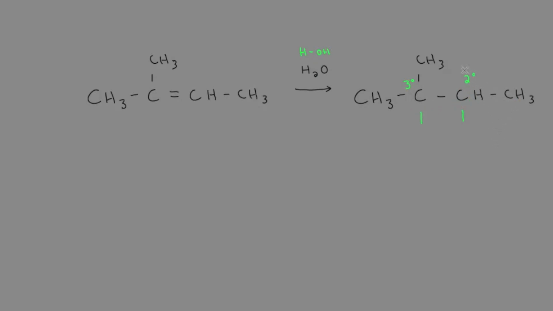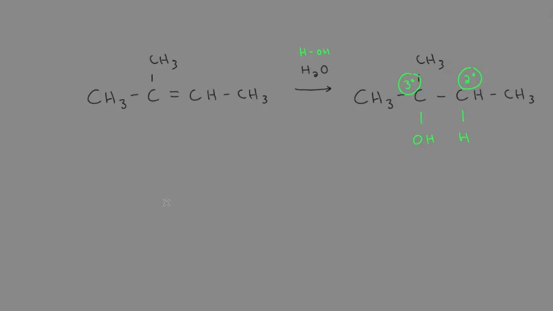Okay, so that tells us add the hydroxide, or the OH, to the more highly substituted carbon. Another way of doing it is to add the hydrogen to the carbon that has more hydrogens on it already. So this is pretty clear and straightforward when we have a clear difference in the substitution of the carbons.